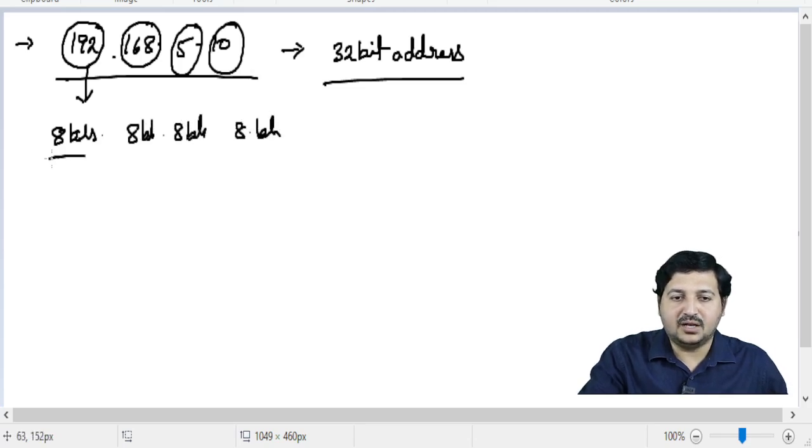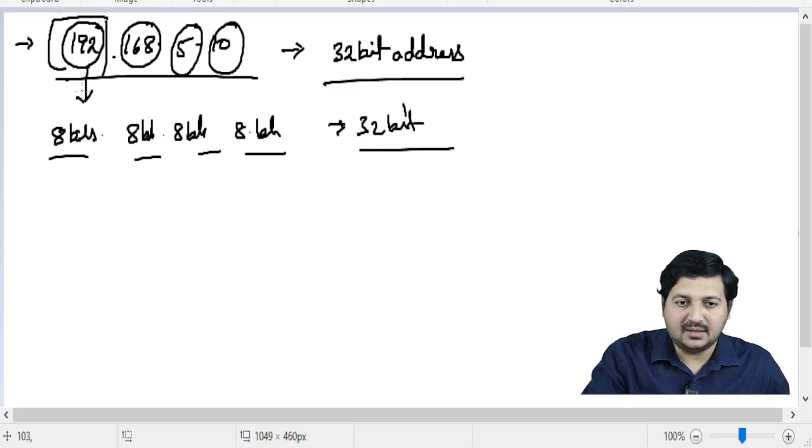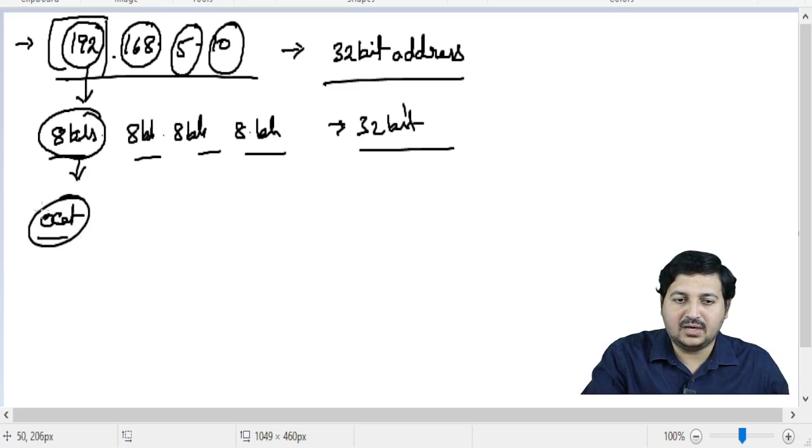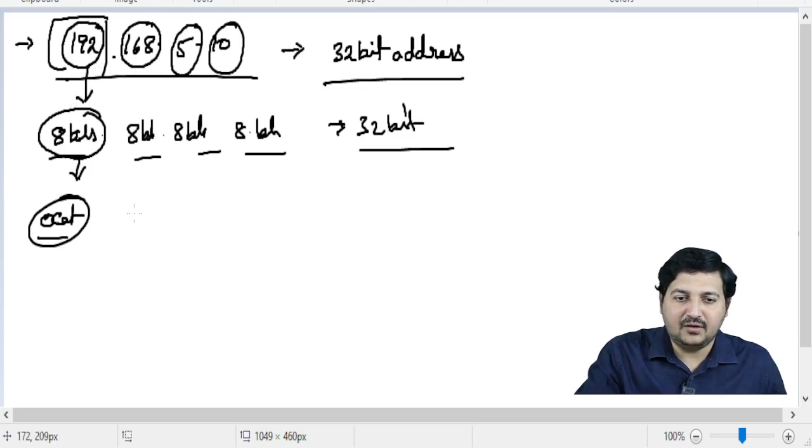So the total size of an IP address is 32 bits. Each number consists of 8 bits, so we call it an octet. Oct means 8 bits. So how many octets are present in an IP address? In an interview they may ask you this. You should say 4 octets.